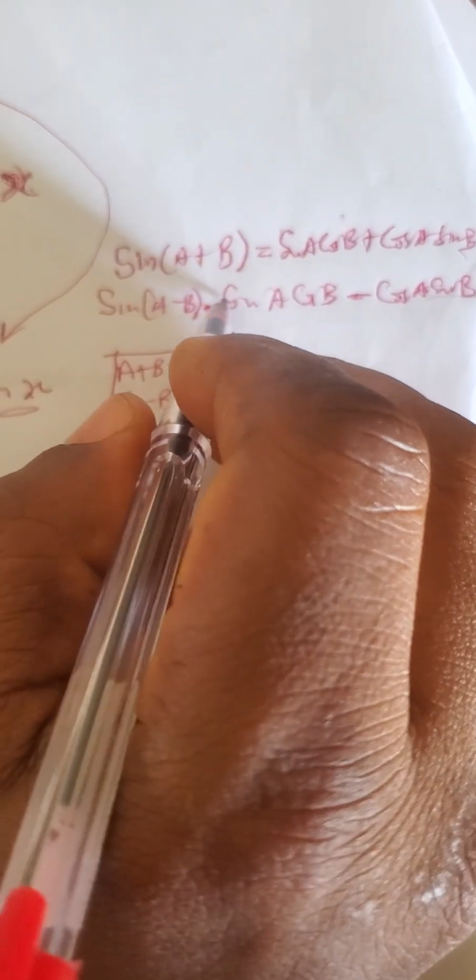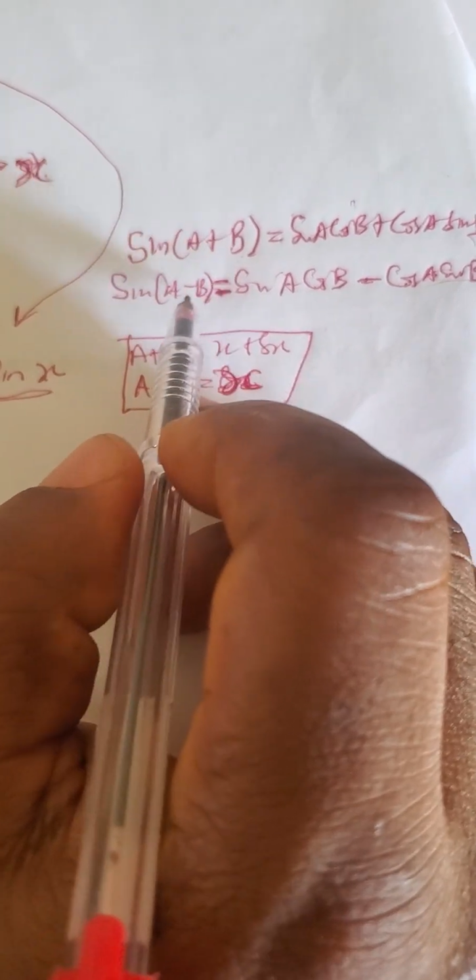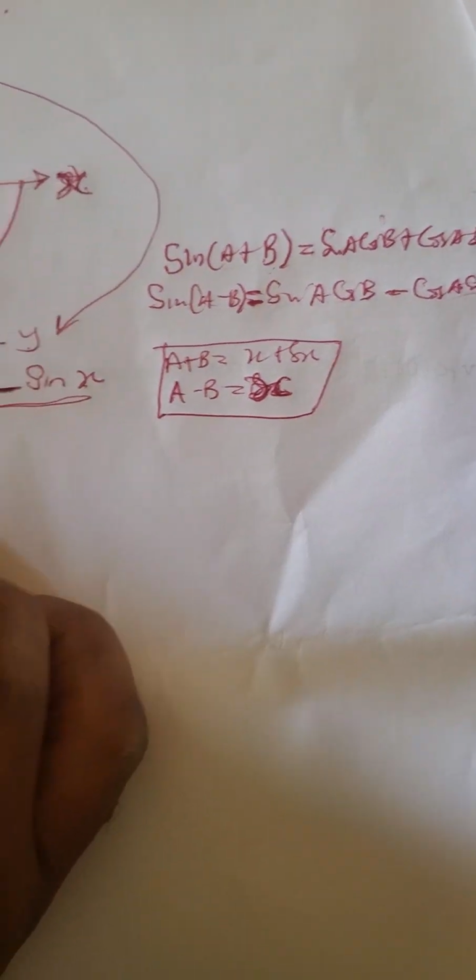Sine A plus B, take away sine A minus B. Let me write it here.